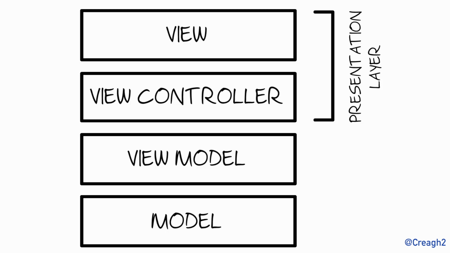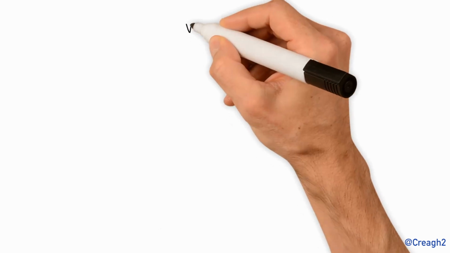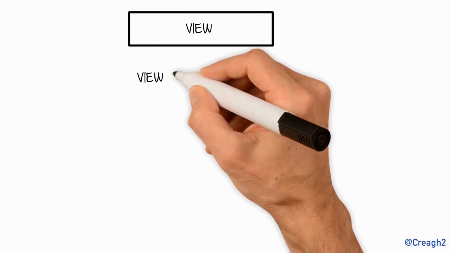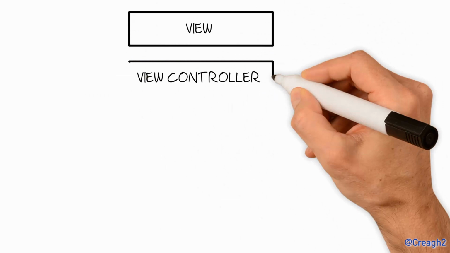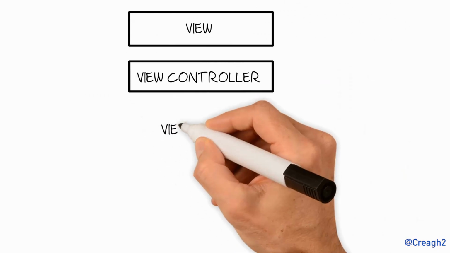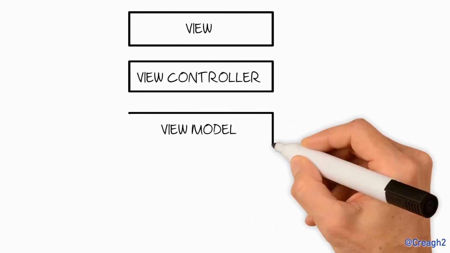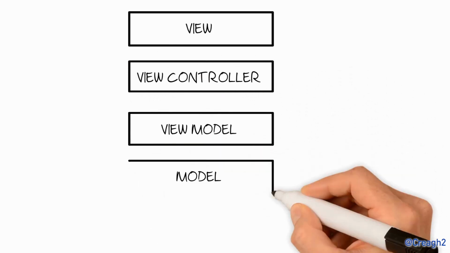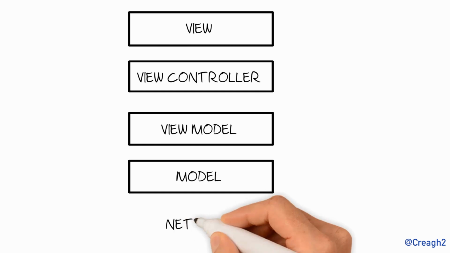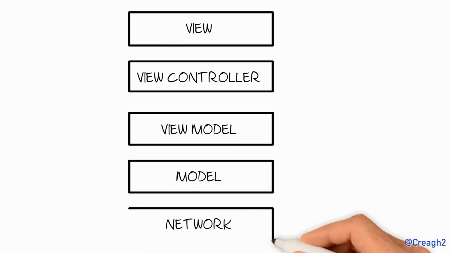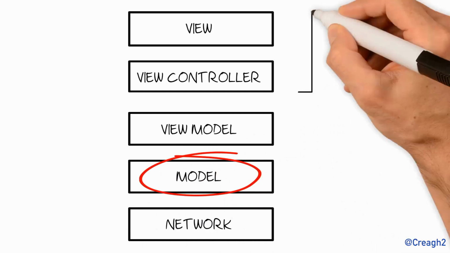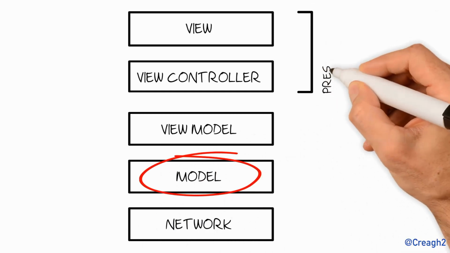So the next adaptation is going to involve network code. Now, since we have a view model, which essentially contains a high-level layer of domain logic, our model layer requires a bit of redefining. And we can start this redefinition by combining network code with the model layer into what I will call a services layer.